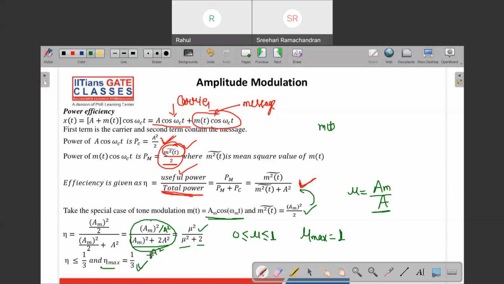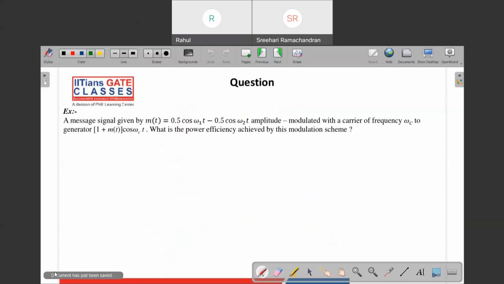So in the case of amplitude modulation, the efficiency of the modulation is 33.33%. This is the case only when mu is equal to 1. If mu is less than 1, it will definitely be less than 1 by 3. Let me go to the next slide.